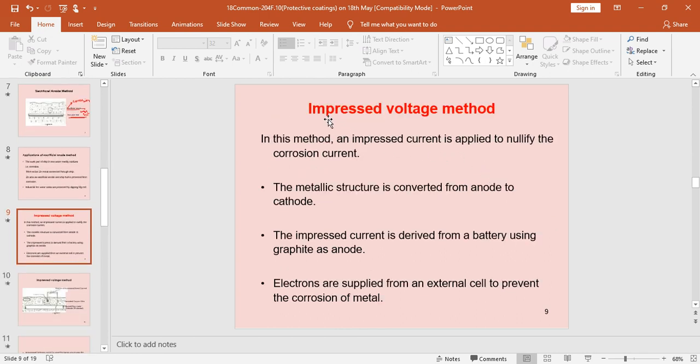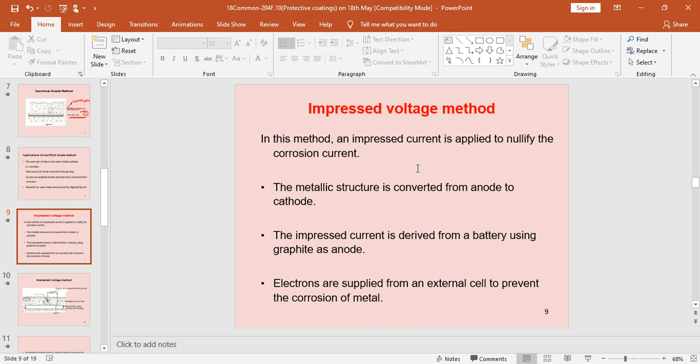Next, the second one is the impressed voltage method. See here, the impressed voltage method. It is also very important, like the sacrificial anode method. In this method, an impressed current is applied to nullify the corrosion current. We already know that in corrosion we can assume there is a corrosion current.